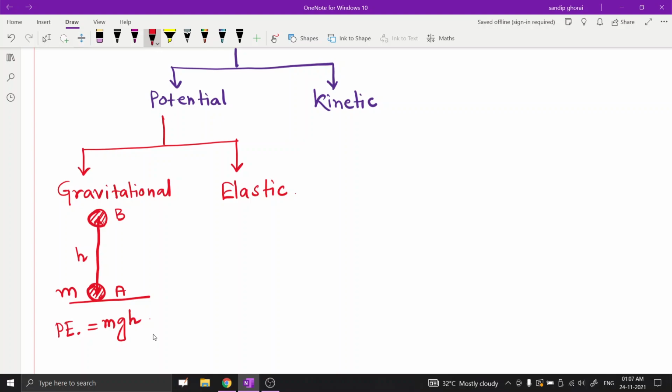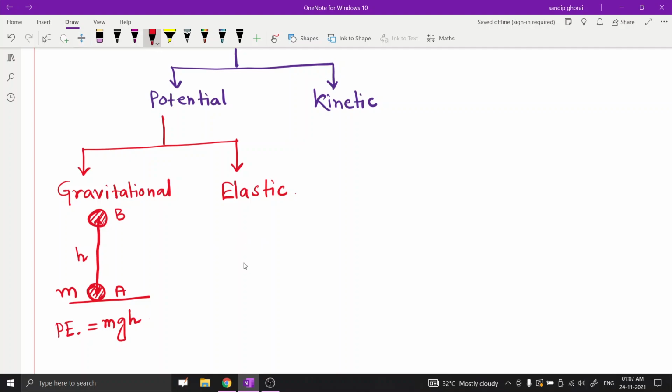And what is elastic potential energy? If we take a rubber band and we stretch or compress it, or if we take a spring and we compress or stretch the spring, then in these particular cases we get elastic potential energy, and for these cases we get different numerical problems or formulas for elastic potential energy.